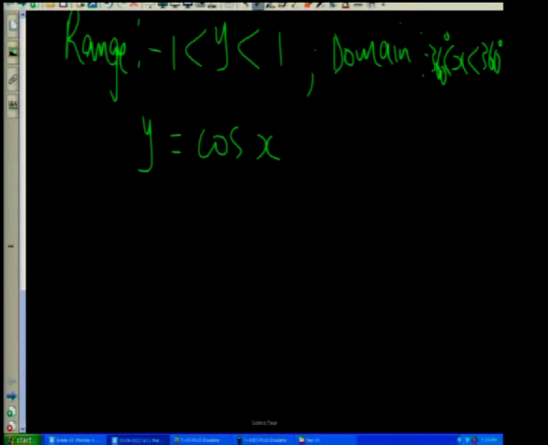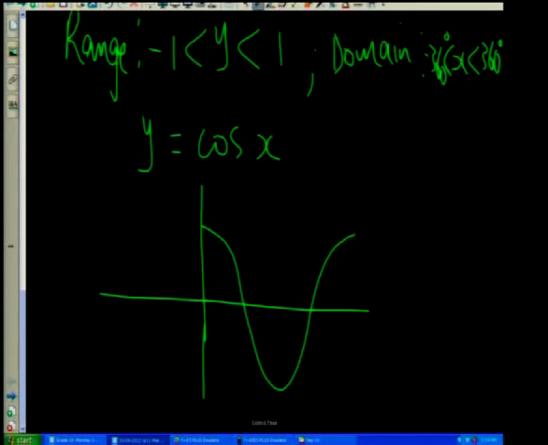All right, in this case, you will remember the shape for this one is just like the sine graph, but it starts off by decreasing, then it increases back to a level 1. So I could have continued that on this side up to minus 360.